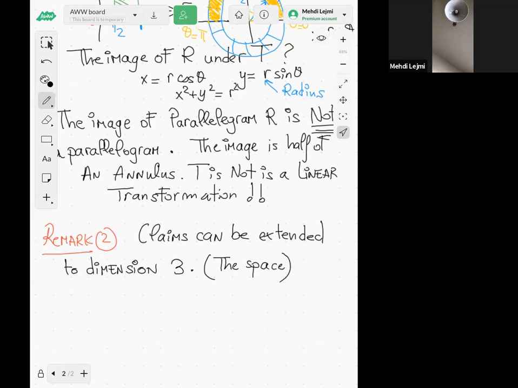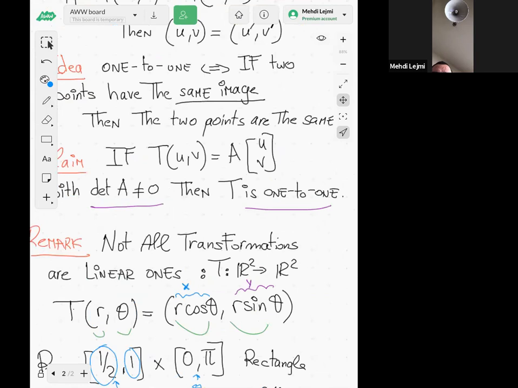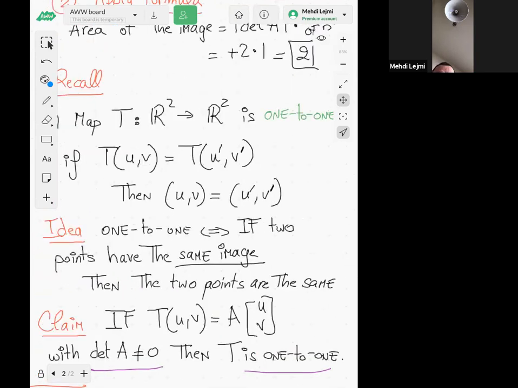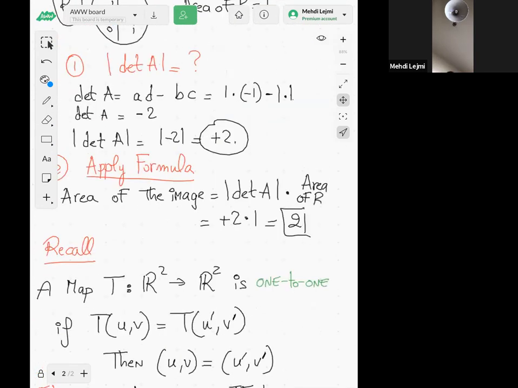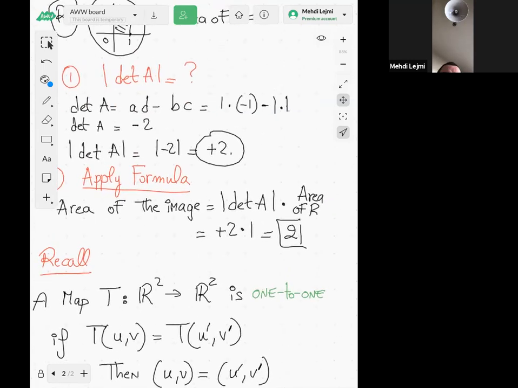Okay, so for example, what would be a linear transformation in dimension 3 in the space? Let me give you an explicit example. Of course in dimension 2, here in the plane, we have a linear transformation with a 2 by 2 matrix A, right? In the space, dimension 3, we're going to have a 3 by 3 matrix, right?